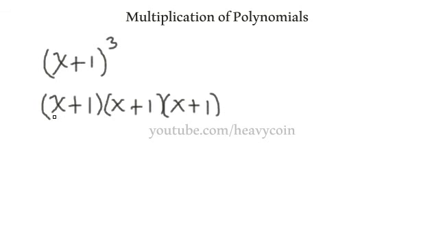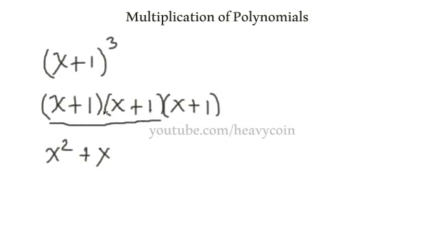Excuse me. So what I'm going to do is concentrate on these first two here first. Okay? Let's do that. So x times x is x squared. X times 1 is just x.